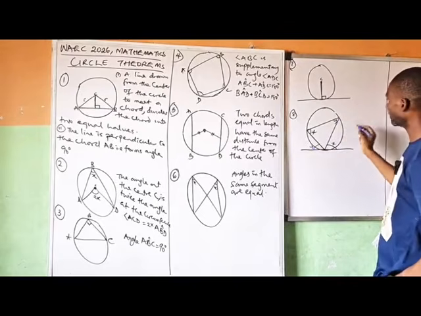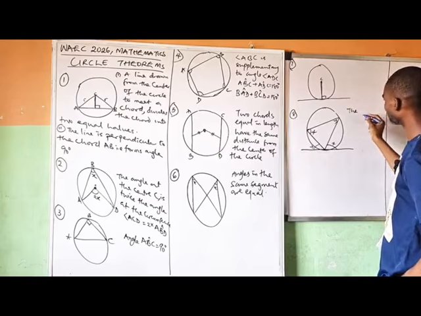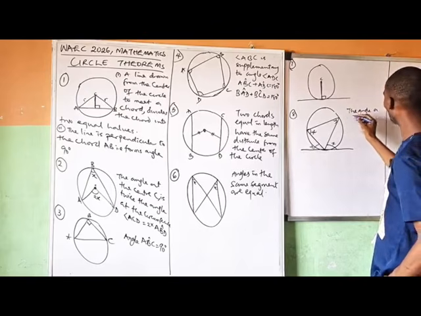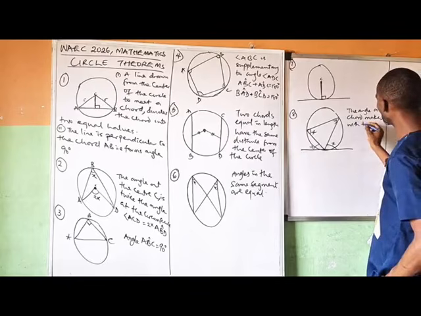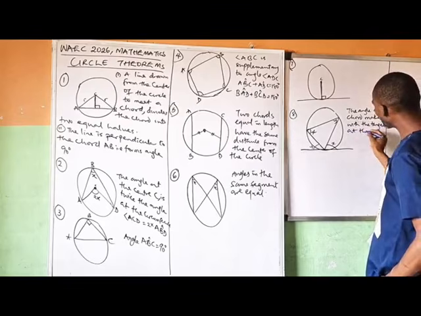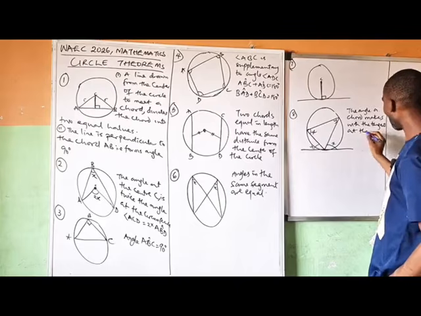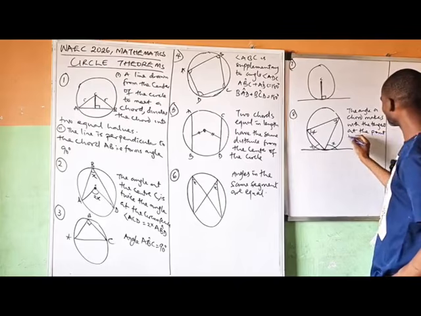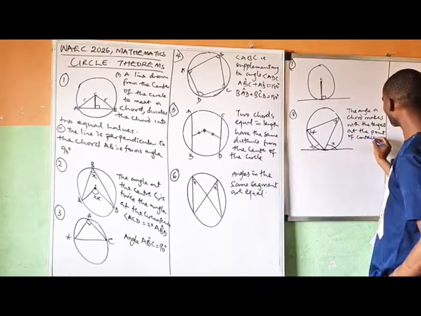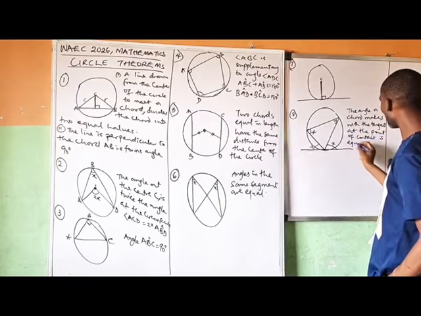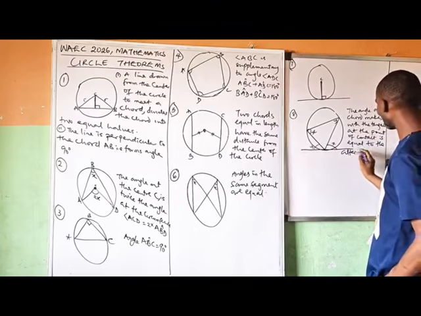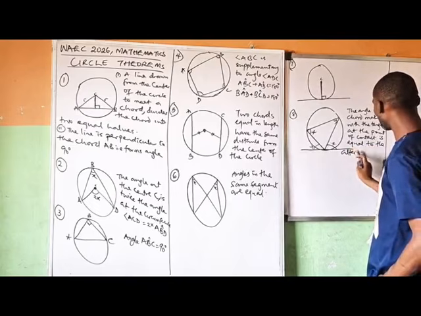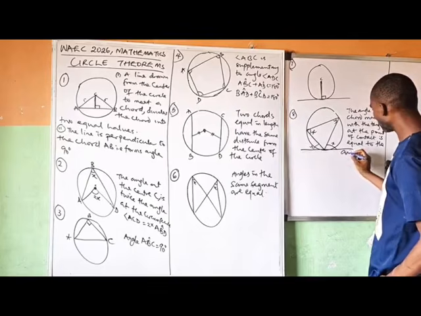So the rule here says the angle a chord makes with the tangent at the point of contact is equal to the angle in the alternate segment.